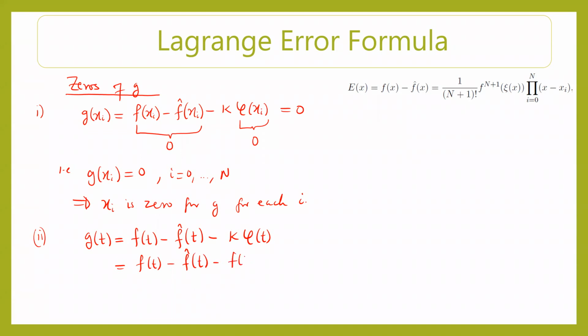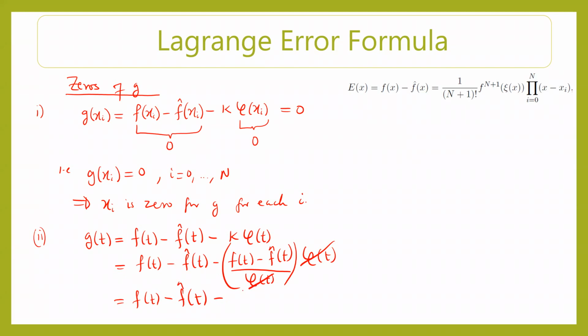K is f of t minus f hat of t divided by phi of t, times, now I have phi of t here. So clearly phi of t cancels out. So what I have is f of t minus f hat of t.